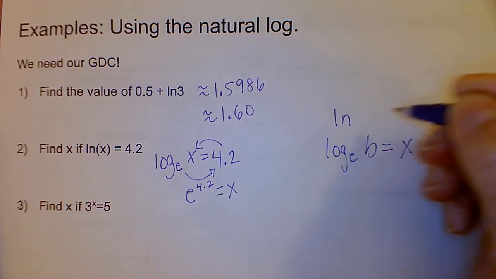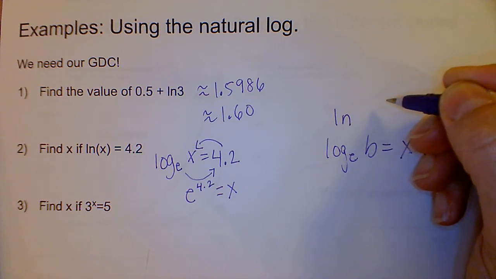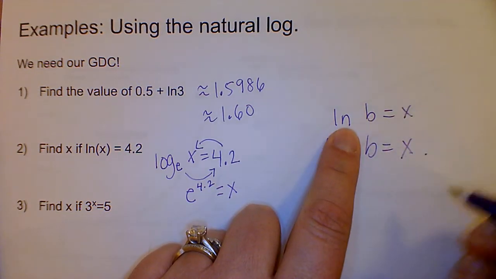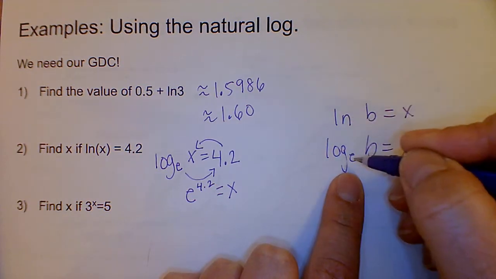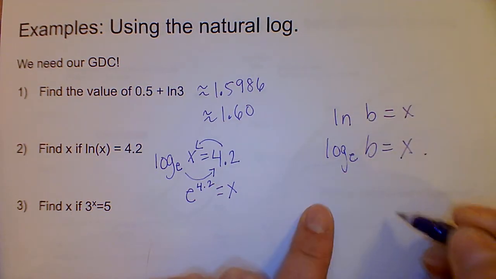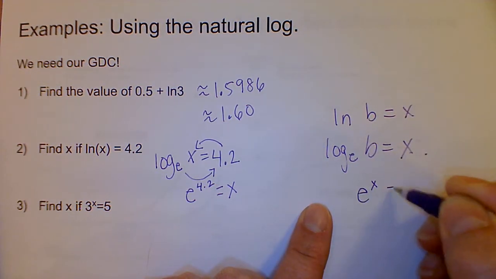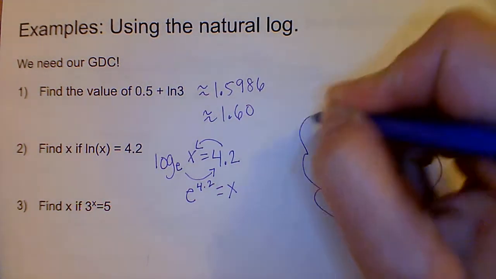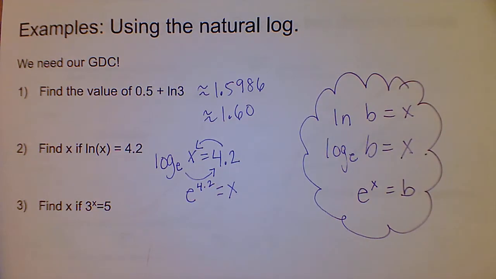I use natural log of b equals x. This is where I started. Then I changed the ln over to log base e. Now what I'm going to do is e to the x equals b. So these are my 3 transfers that I need to be able to understand. This might be something that you want to write down in your notes.